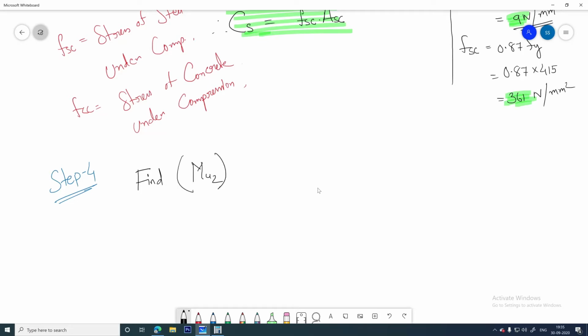Find mu2. So this moment is basically the additional moment in compression failure due to the compression steel.